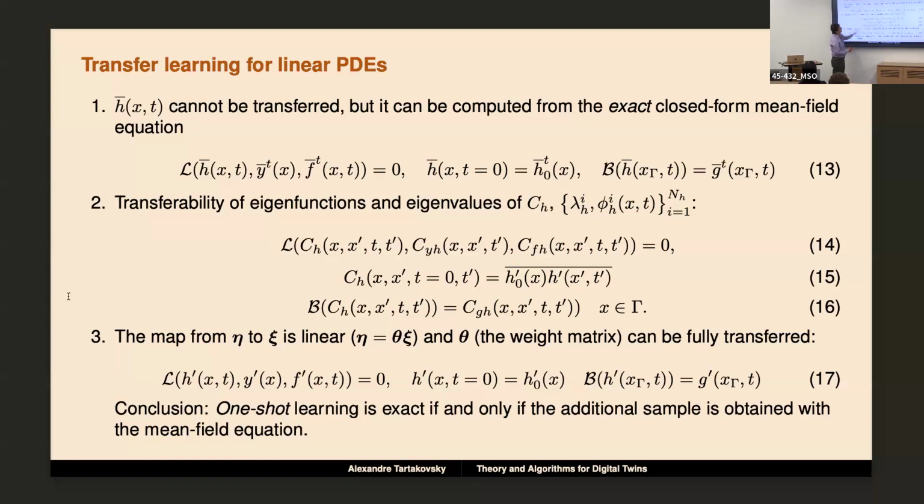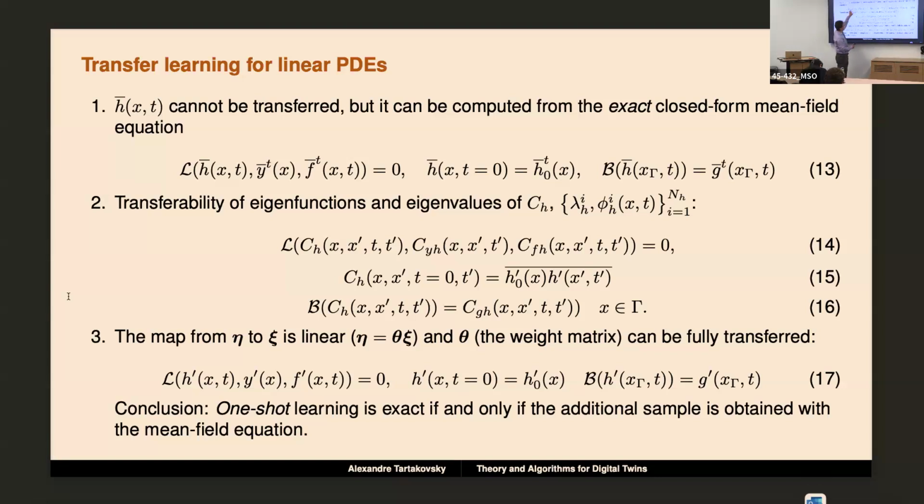And if we look at this equation, we see that the mean under target conditions depends on the target conditions, right? Therefore, the mean cannot be transferred. Right, in our KL-DNN model, one of the parameters is the mean, so the mean cannot be transferred.